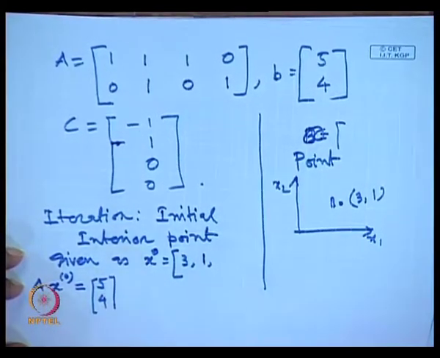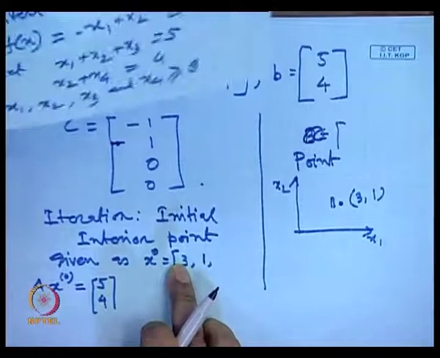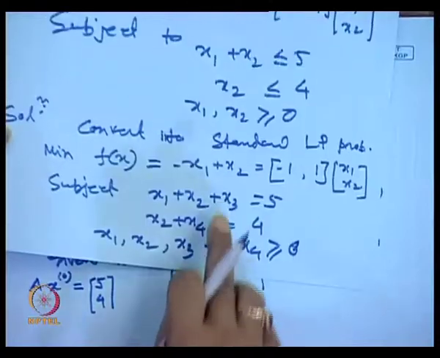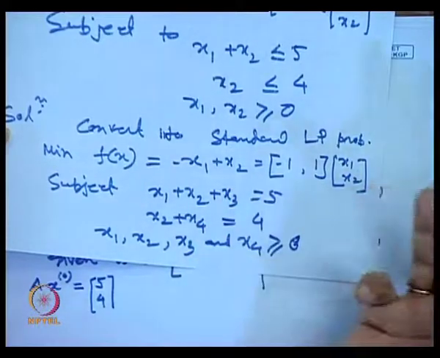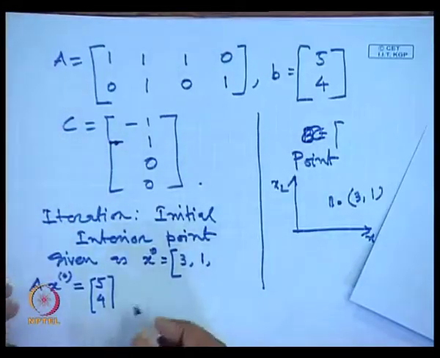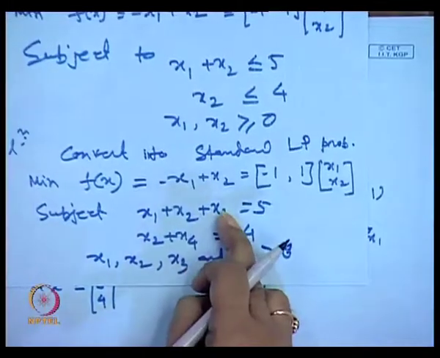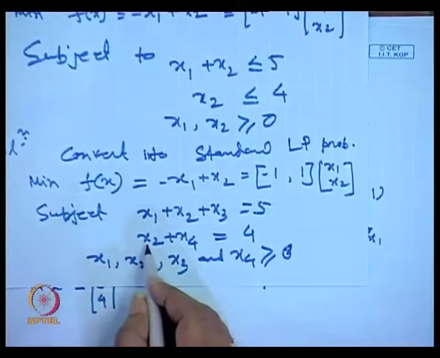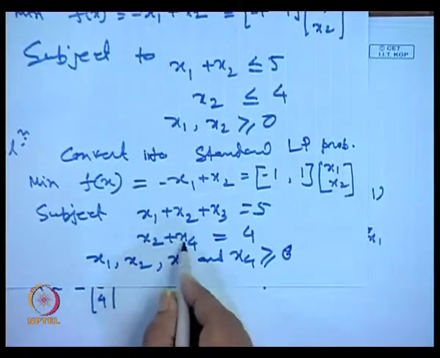In the first equation, x1 is 3, x2 is 1, so x3 must be 1, then only it will be 5. But here, in the second equation, x2 is 1, but I have to get 4, then x4 must be 3, then only 1 plus 3 will be 4.